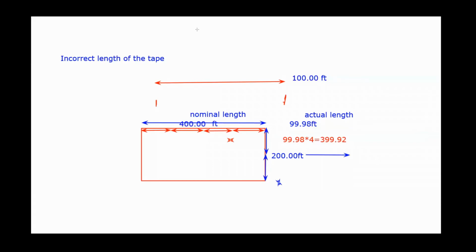If you want to do the math, you'll say, well, first 100 was 99.98. Second 100 is another 99.98. So in total, that's what? That's 199.96.